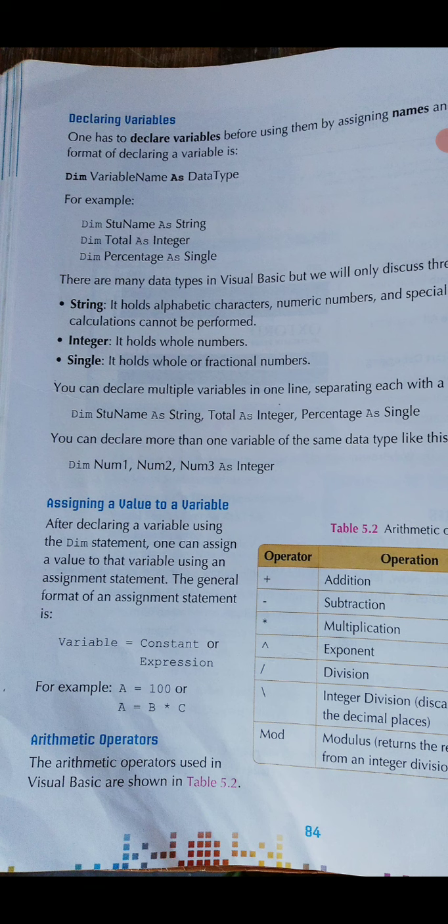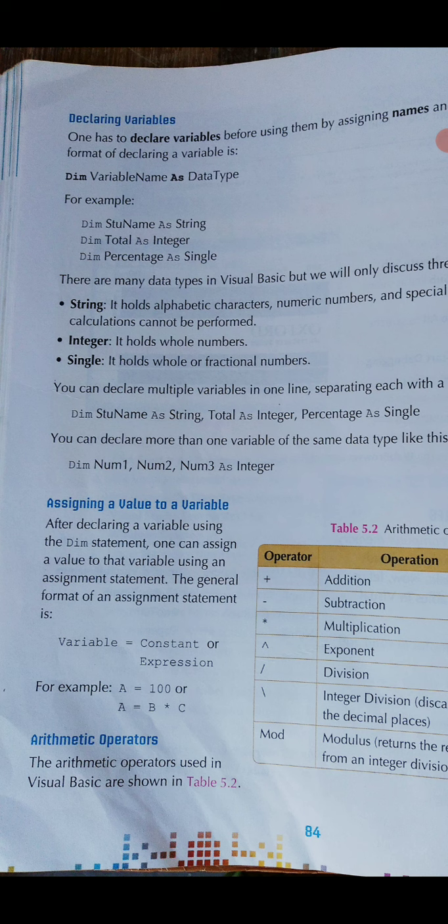For now, according to your standard, only 3 data types are shown: string, integer and single. So the format of declaring a variable is Dim variable name as data type. It is very important.